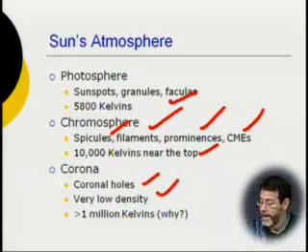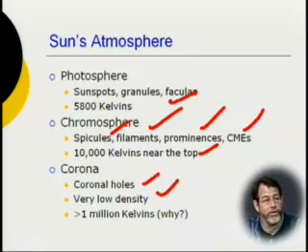It is one of the major mysteries in astronomy to try to figure out why the corona is so hot. One would think that as you went away from the sun, you would get further away from the nuclear fusion that occurs deep in its core. As you go out from the core, it gets cooler and cooler, then you hit the surface, which is the photosphere, and as you go up past that, it should get yet cooler again.